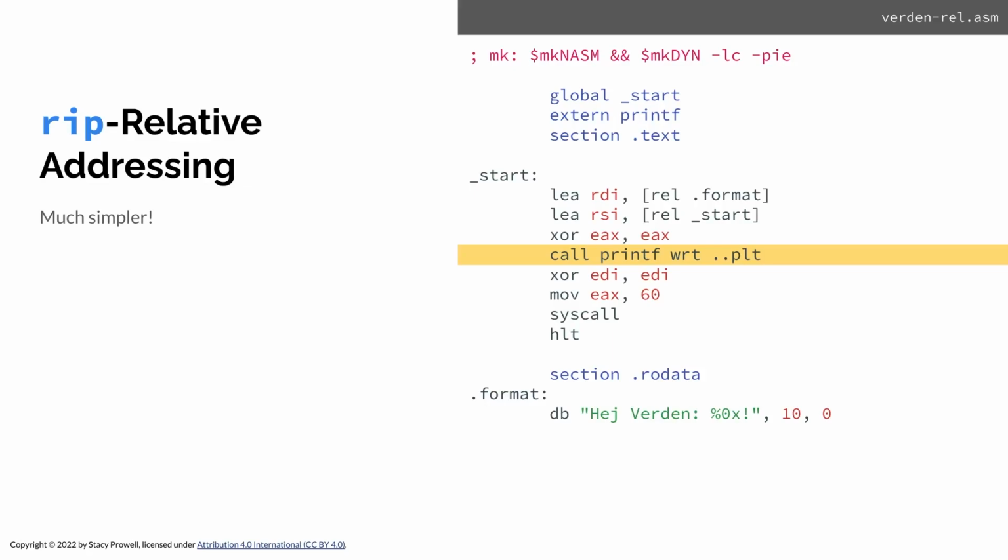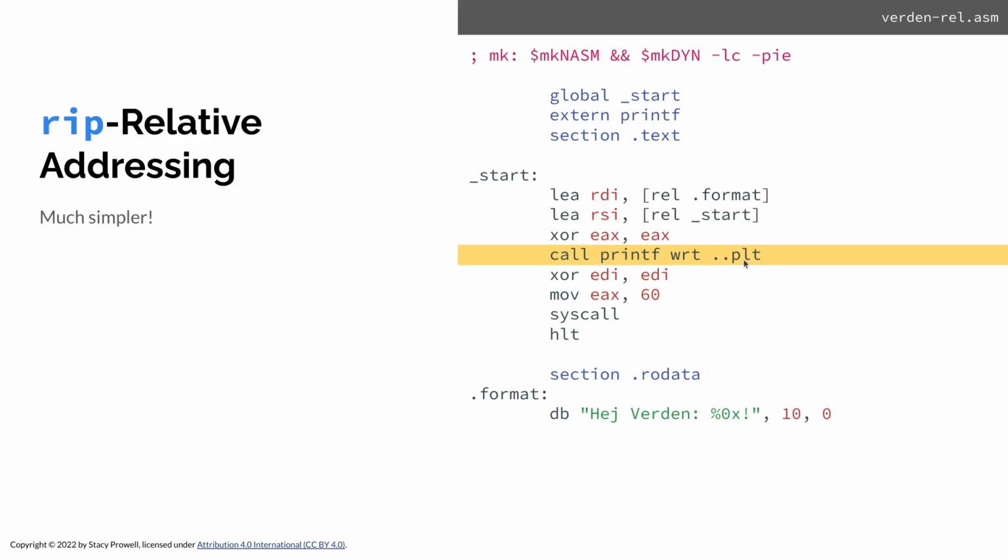But the interface to you, the programmer, is now finally, mercifully, simple. You don't have to go and get the GOT or even think about all the other addresses. You just say, I want to call printf with respect to the PLT. The assembler knows what to do, the linker knows what to do, the loader knows what to do, and it's all just going to happen.